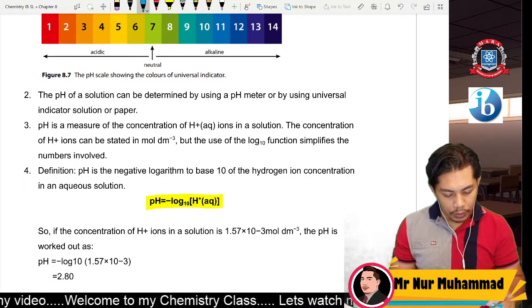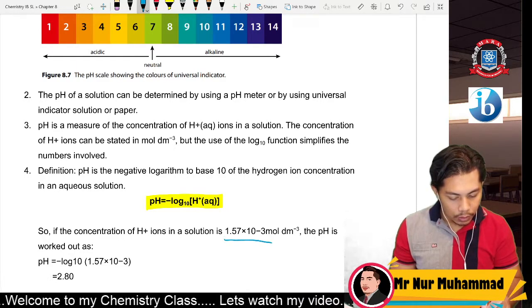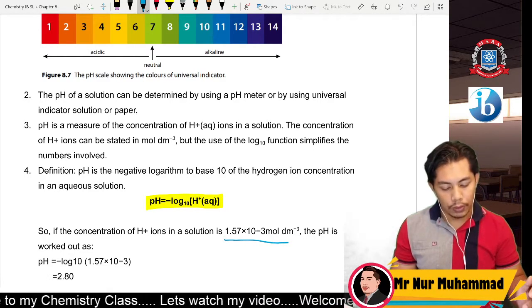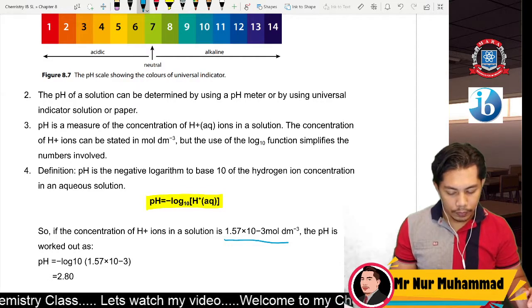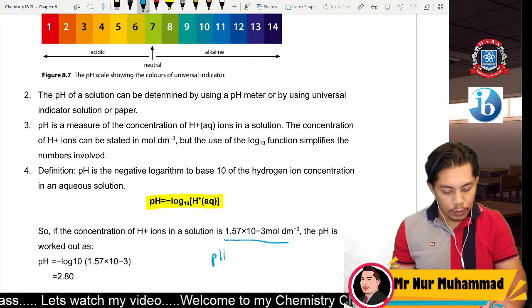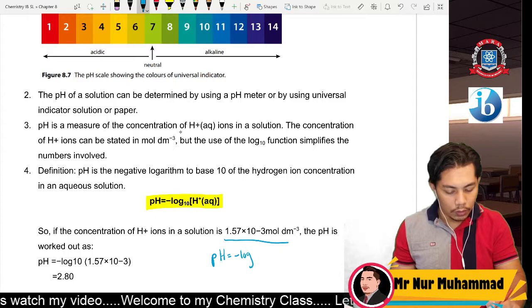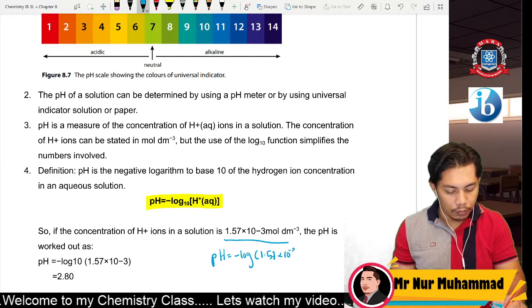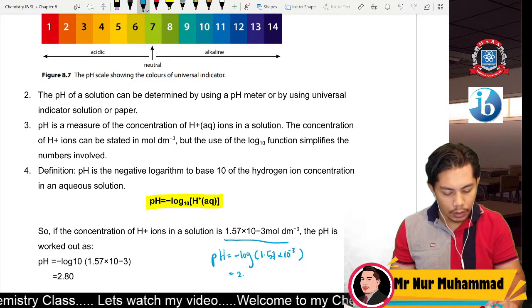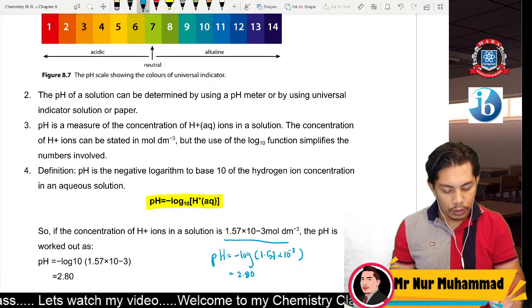In this case, the concentration of hydrogen ion is 1.57 times 10 negative 3. So what you have to do is pH is equal to negative log of 1.57 times 10 negative 3. Just use your calculator and you will find that the pH is 2.80.